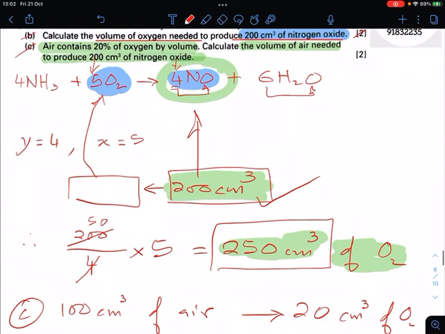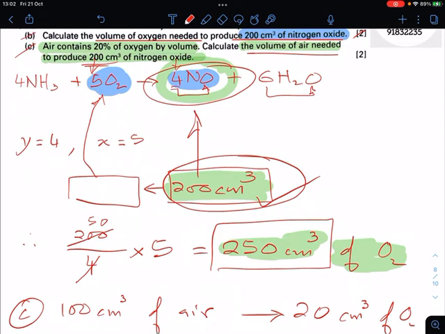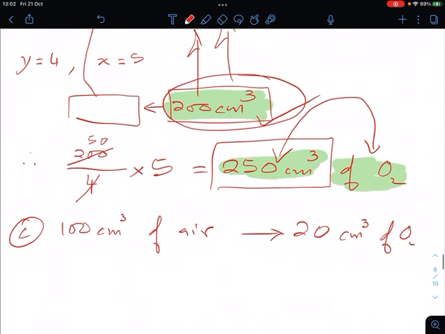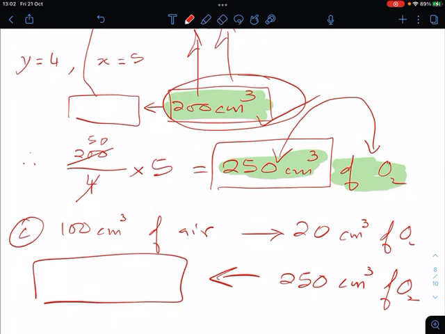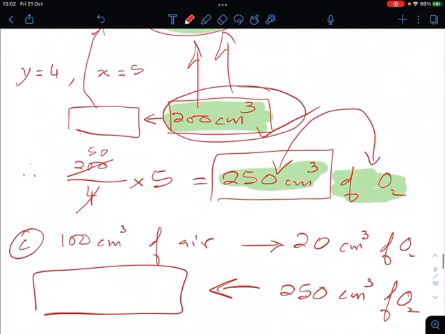We want to calculate the volume of air needed to produce 200 cubic cm of nitrogen oxide, but we don't use 200 cubic cm of nitrogen oxide, because it corresponds to 250 cubic cm of oxygen. Therefore we use 250 cubic cm of O2.